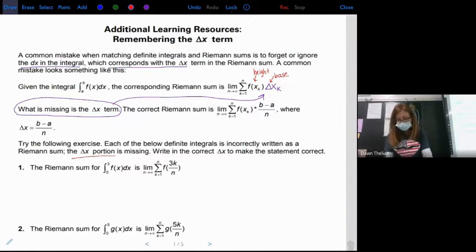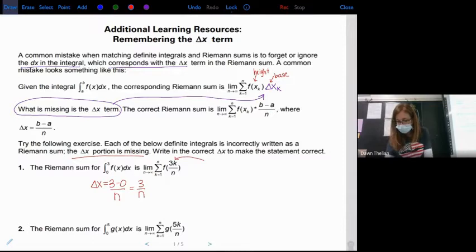So notice it's the integral from 0 to 3 of f of x with respect to x. You could calculate your delta x using the formula b minus a divided by n. You could also see that, remember, delta x is going to show up in this x sub k term.